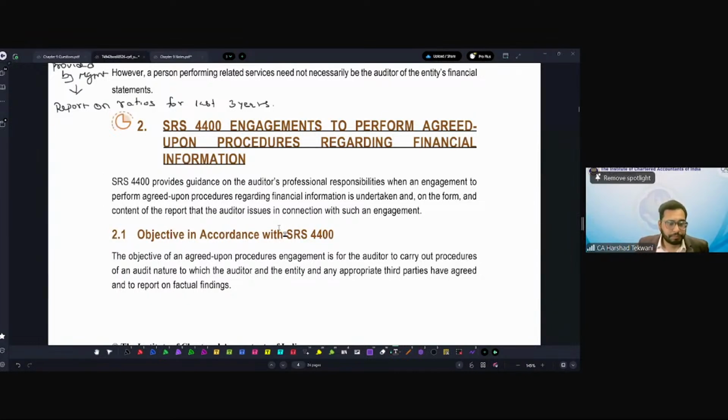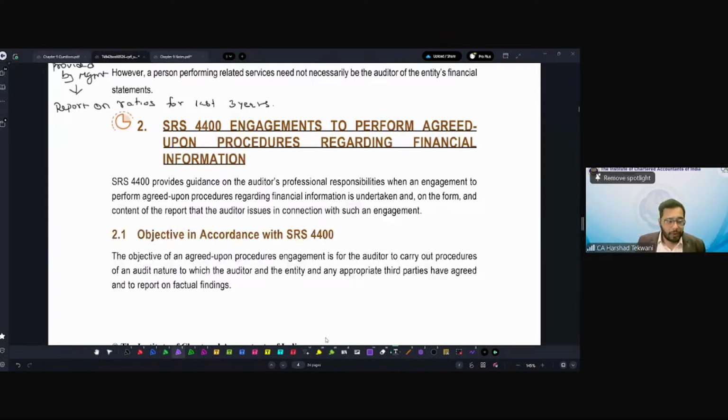Now, when I talk about agreed upon procedures, a scenario where I am required to perform procedures and report on factual findings, I have to use certain terminology. I cannot say this is an opinion, first of all. I cannot say this is a certificate. I cannot use these terminologies.